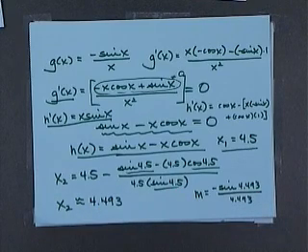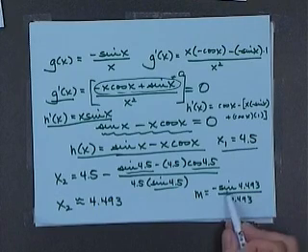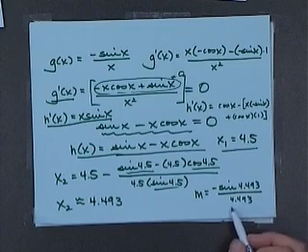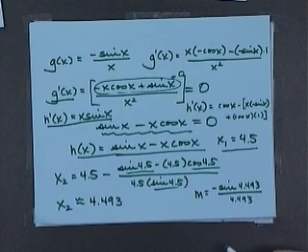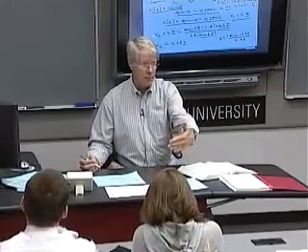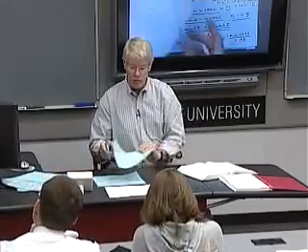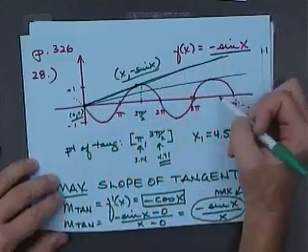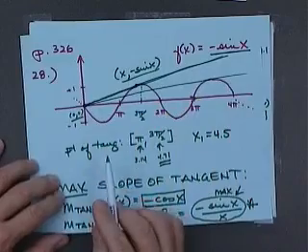And that's like 0.2. Am I remembering the right values here? What's negative sine of 4.493 divided by 4.493? I think I'm remembering that about 2/10. Yeah, 0.217. I think the final answer when you get it there is 0.20 something for the slope of this line. The slope of this line right here is about 2/10, and that's as large as you're going to get for the slope in this problem.